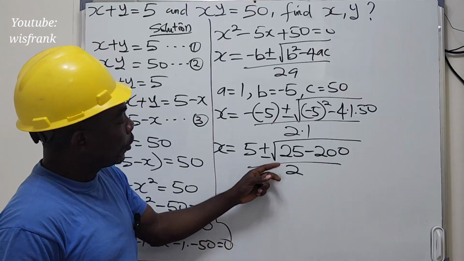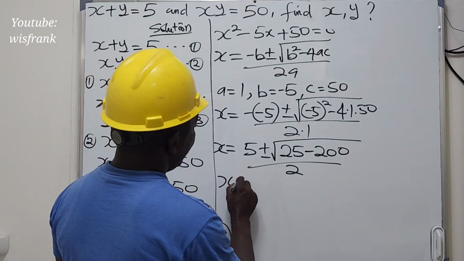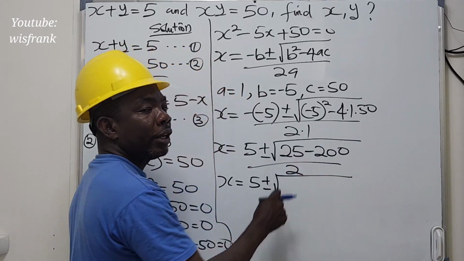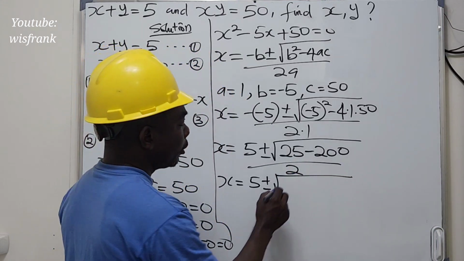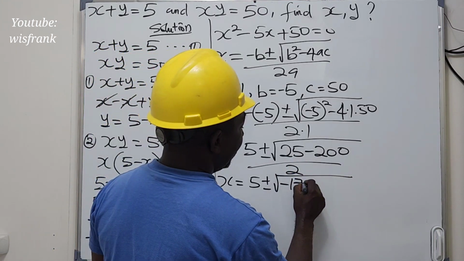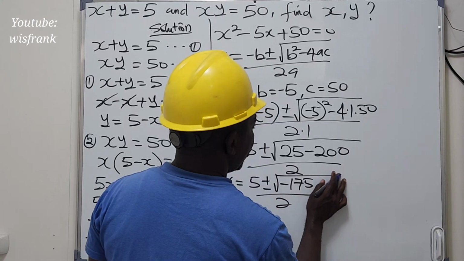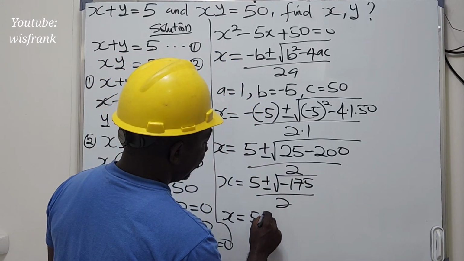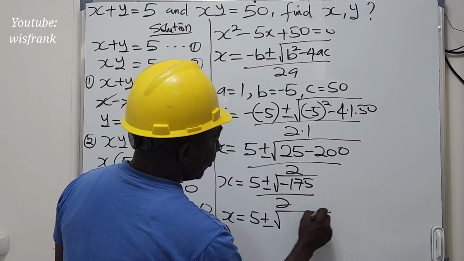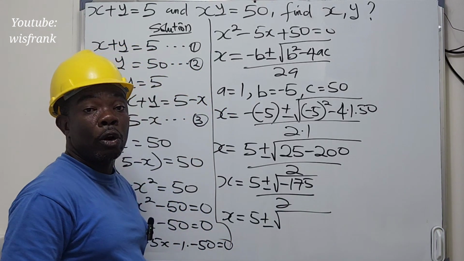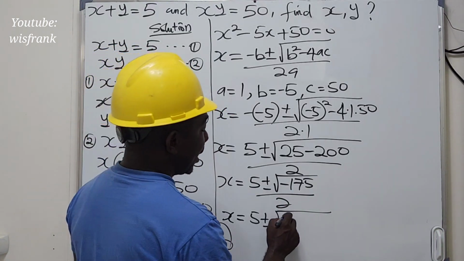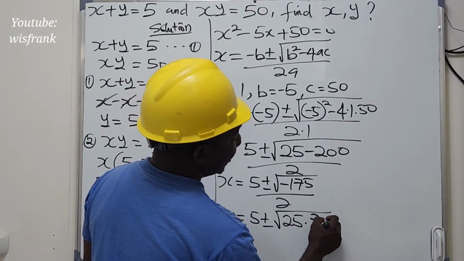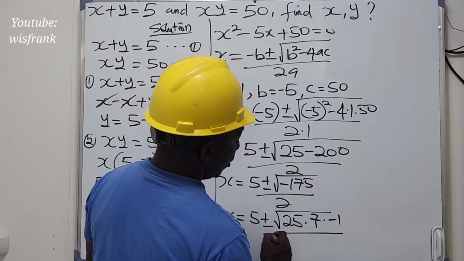So the next step, our x will be equal to 5 plus or minus the square root of 25 minus 200, which will give us minus 175, all over 2. So from here, we have x equals 5 plus or minus the square root of minus 175, which can be written as 25 times 7 times minus 1, all over 2.